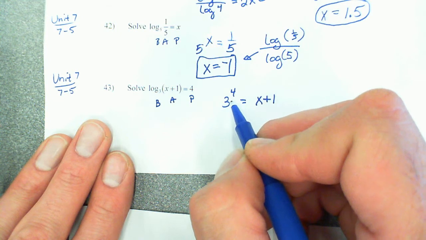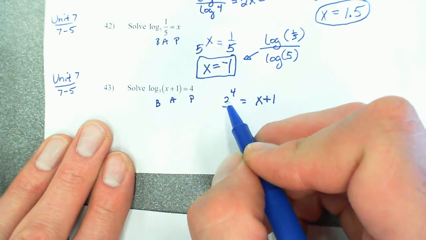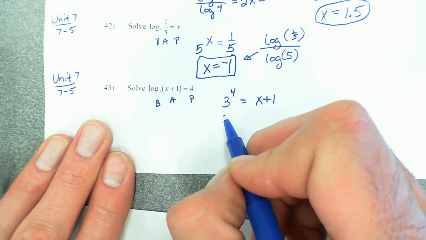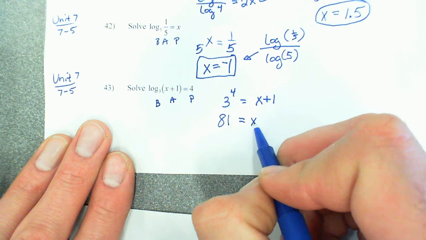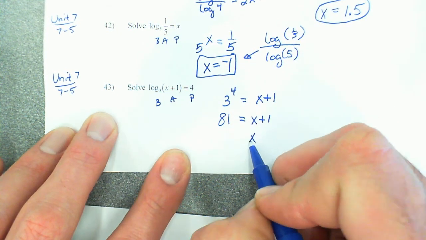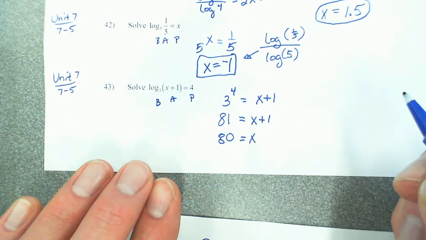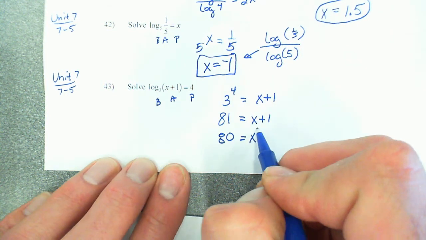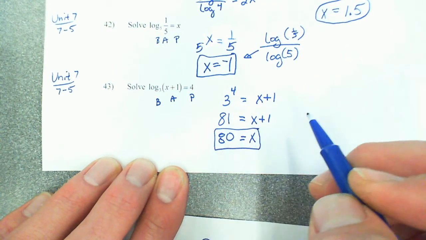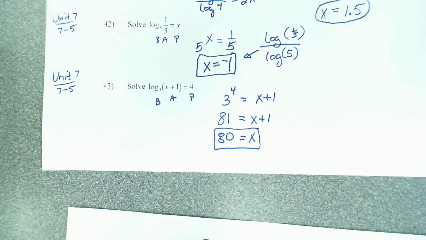So if we do 3 to the 4th power, you're going to get 81 equals x plus 1. Then x has to equal, subtract 1, you get 80. So there is your answer on number 43.